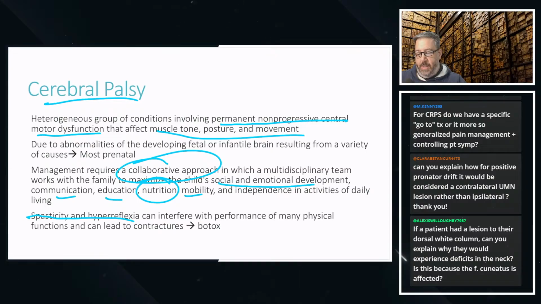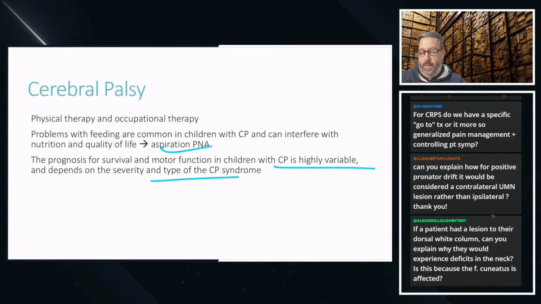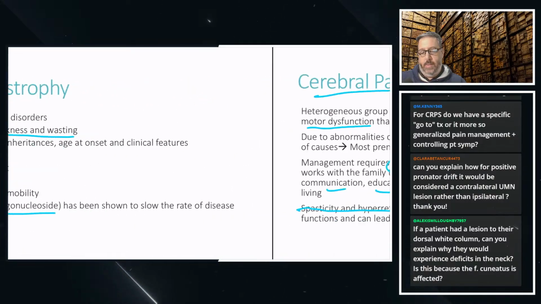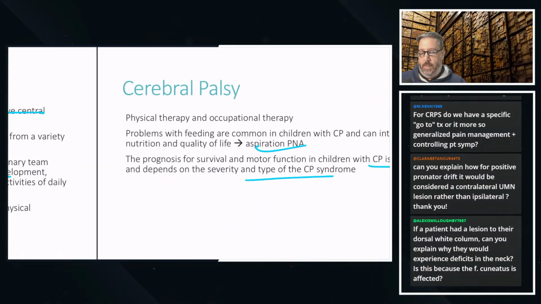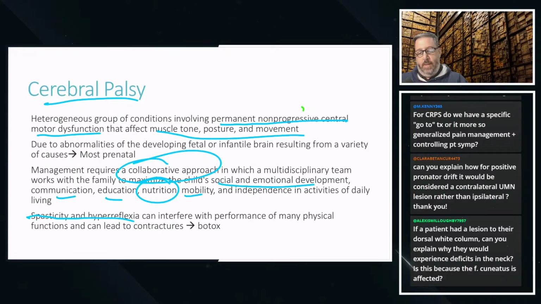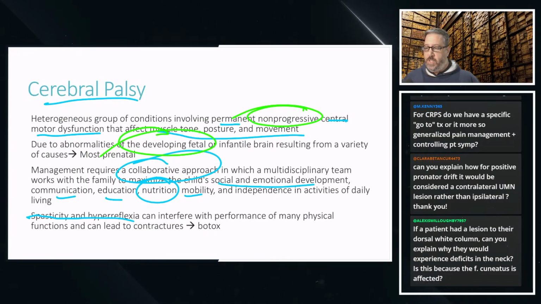Cerebral palsy is non-progressive. So cerebral palsy is due to a developing fetal or infantile brain that results in the muscle problems they have.